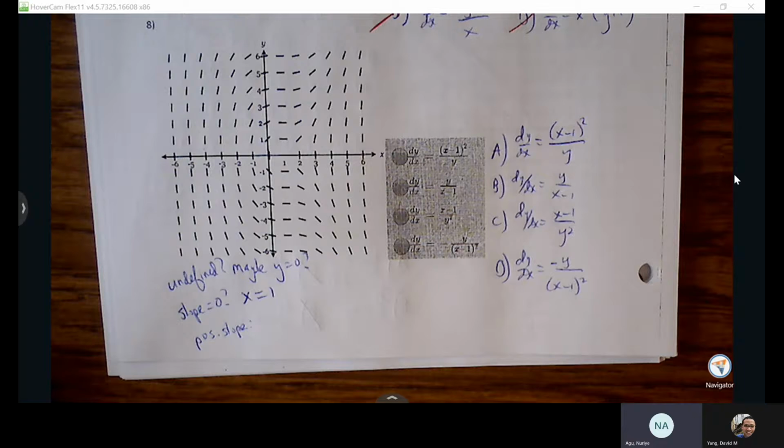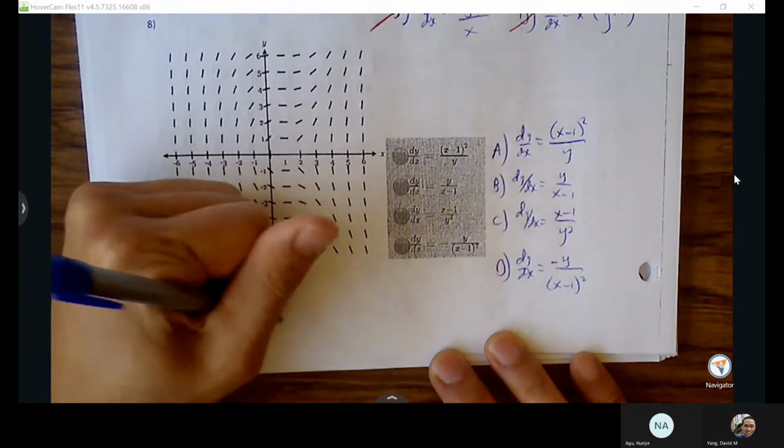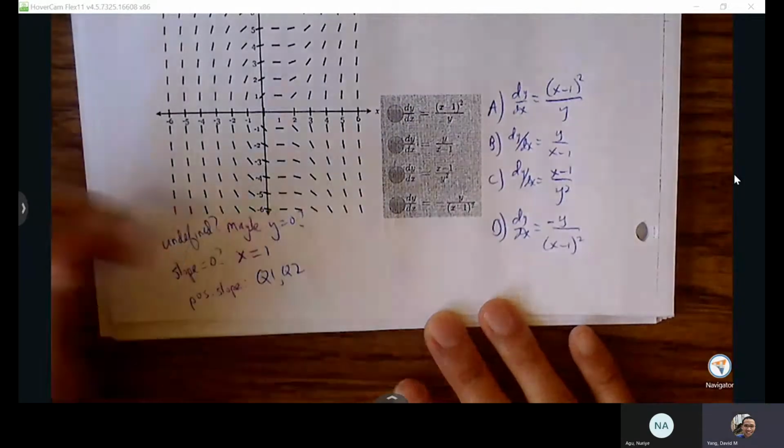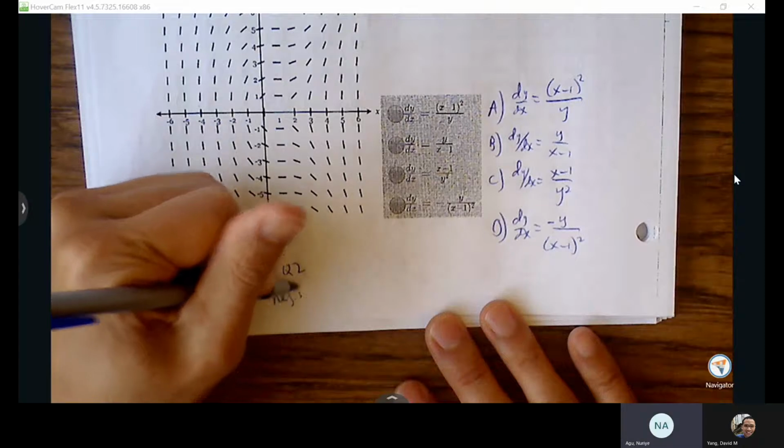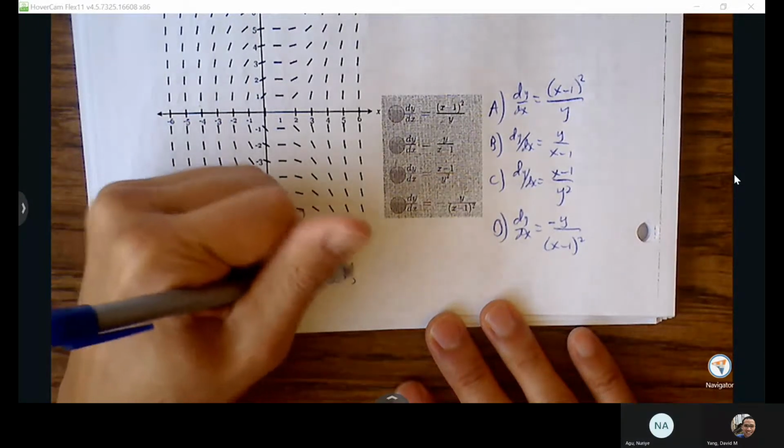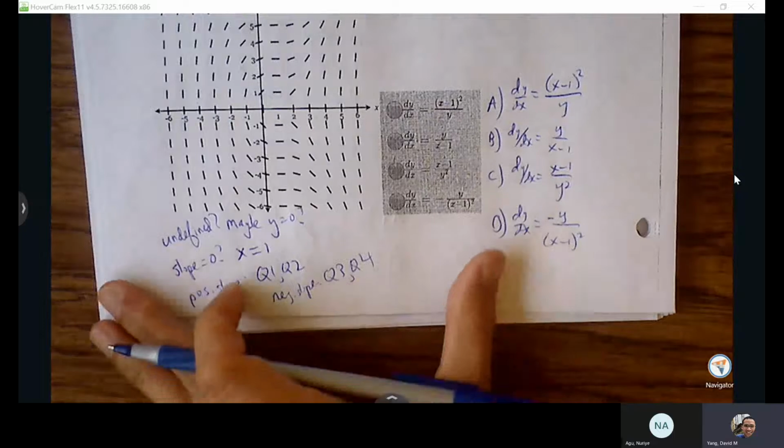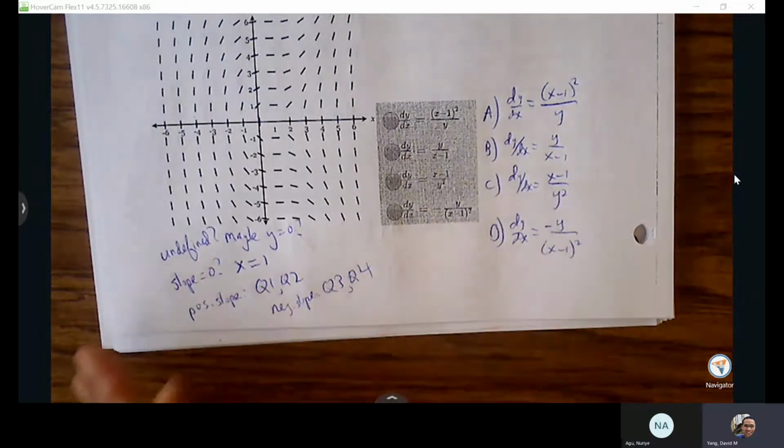Quadrant 1 and 2. Yeah, quadrant 1 and 2. Okay, how about negative slope? 3 and 4. Okay, I think that's probably right for the most part.